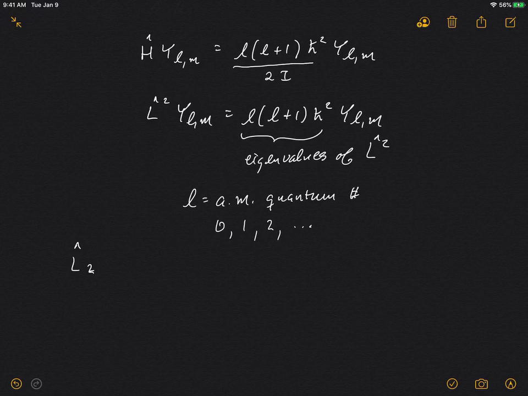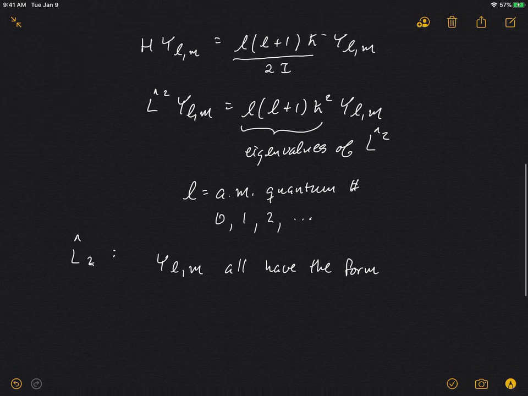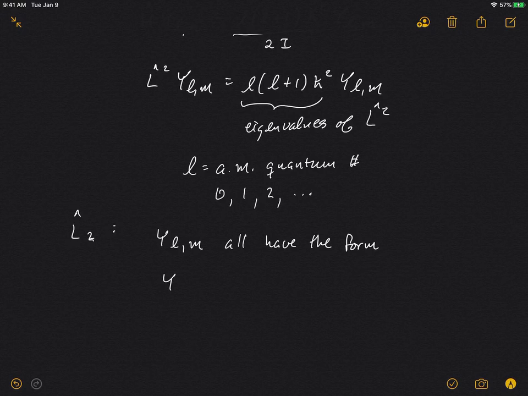For this, we take a little bit different approach. The YLM are all of the form YLM equals some normalization constant times some function of theta. Or you can lump the normalization constant in with the function of theta, either way.